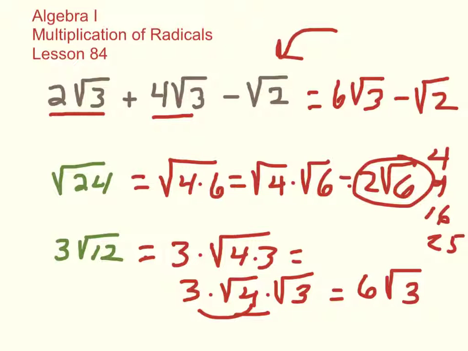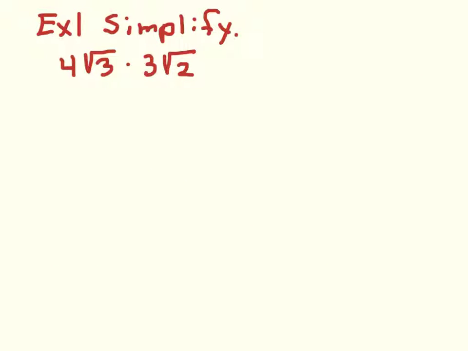Now let's take it a step further and talk about multiplication of radicals. In example 1, we're multiplying 4 radical 3 times 3 radical 2. When I'm adding and subtracting radicals, I have to have like terms, but that goes out the window when we're multiplying radicals. To multiply radicals, if there is a number in front, a coefficient, we multiply them.